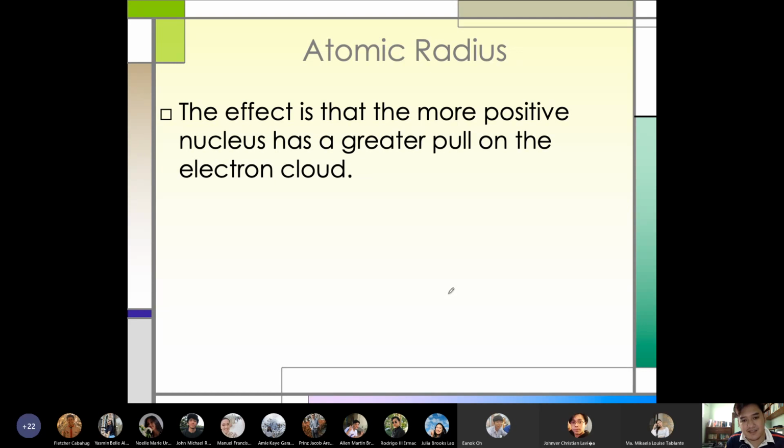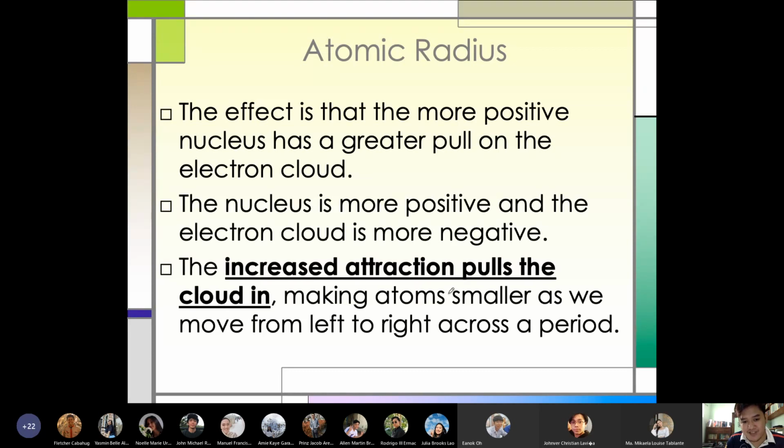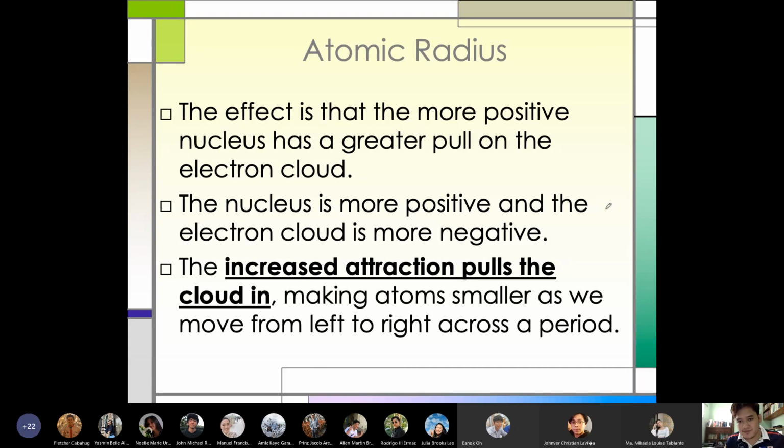So there will be a greater attraction between the positively charged nucleus and the negatively charged electron cloud, and the electron cloud is drawn nearer. The increased attraction pulls the electron cloud in, making the atom smaller as we move from left to right across a period.